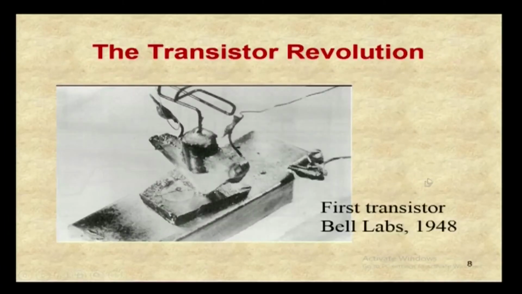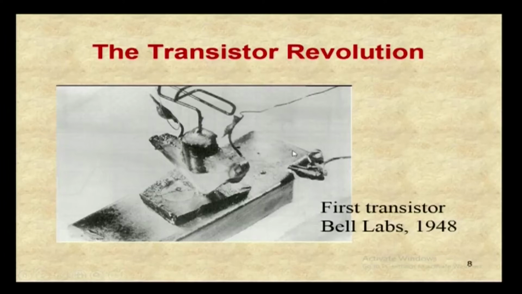Then came the transistor revolution in 1948. Shockley and his team invented the transistor. You see the first transistor made by Shockley and his team at Bell Laboratories, USA in 1948. That started a new revolution, and transistors replaced the vacuum tubes.